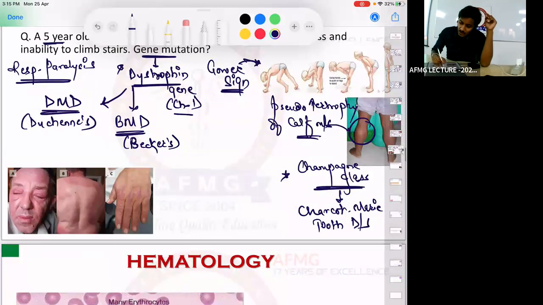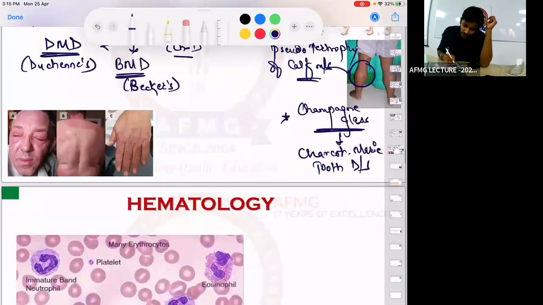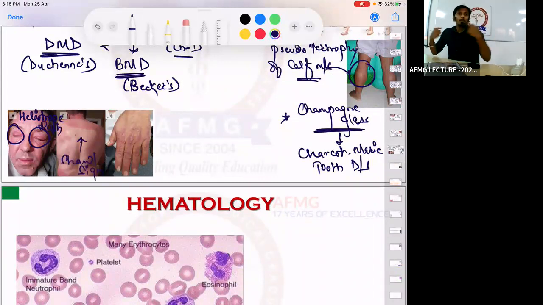Now, a 30-year-old or 40-year-old patient presenting with Gowers sign. Definitely it is likely an autoimmune condition, and the patient will have a rash over the eyelids known as the heliotrope rash. Along with that, there is the shawl sign, a redness or rash over the pullover surface.